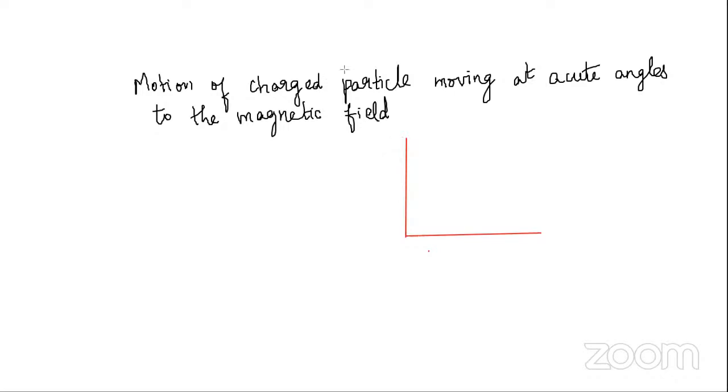You have your velocity here. So this is your y-axis, and this is your x-axis. On the x-axis you have the magnetic field, and your velocity is at some angle theta here.